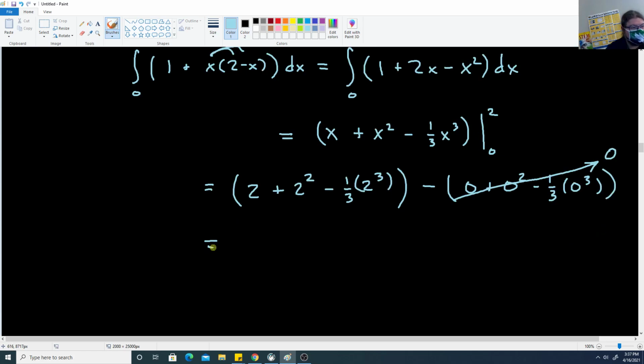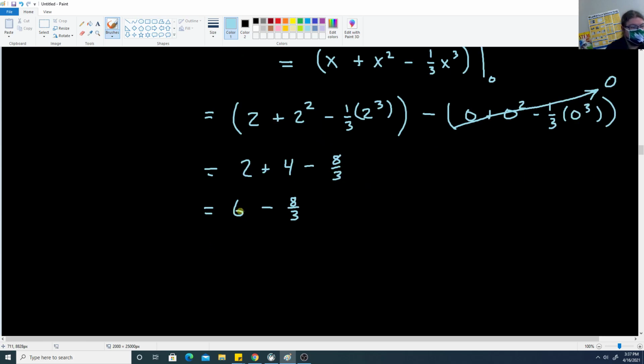And this part here becomes 2 plus 4, and 8 times 1/3, that'll be minus 8/3. 2 plus 4 is 6, so we have 6 minus 8/3. We'll need to multiply this by 3 and divide it by 3. This will be 18/3 minus 8/3. 18 minus 8 is 10/3.